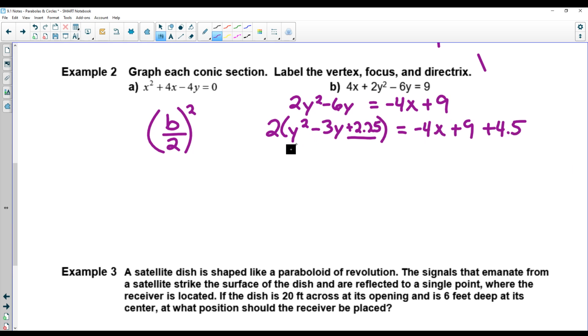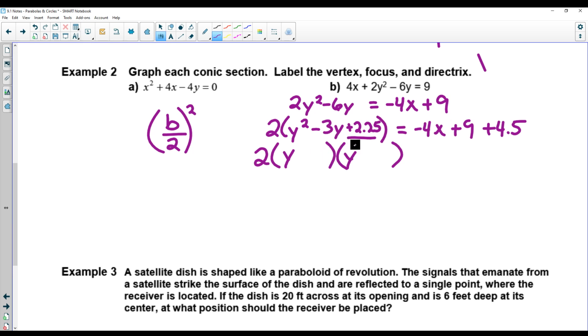Now let's go ahead and just factor it, get it in the form we want. So I've got 2 outside of, I'm going to factor this. It'd be y and y to get y squared. Now I've got to find factors of 2.25 that add up to 3. Well, how the heck am I going to find that? It's actually easy.